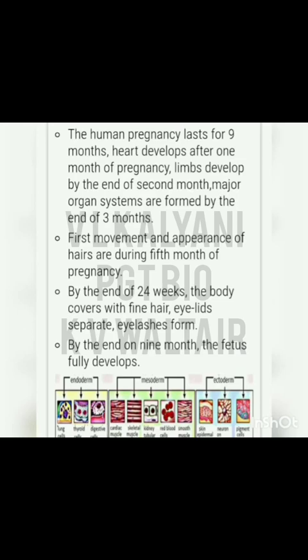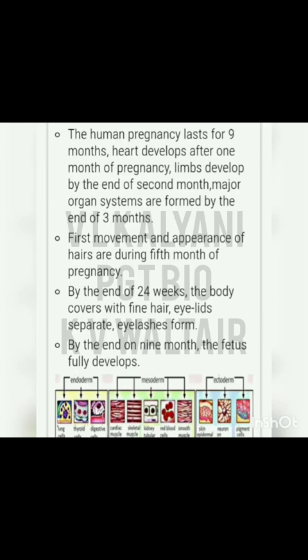At the end of 2 months, the limbs and digits will be developed. At the end of 12 weeks, which is called the first trimester, that means completion of 3 months, the major organ systems, limbs and external genital organs will be formed.